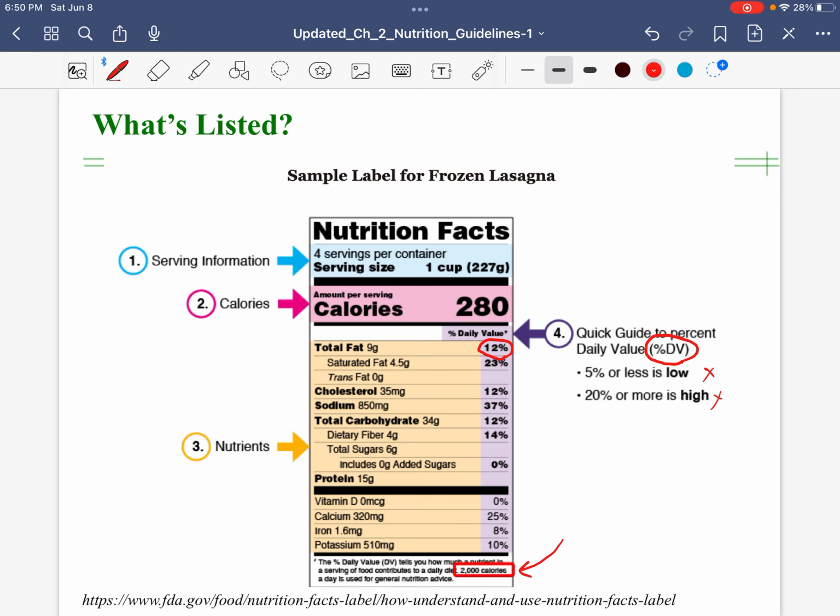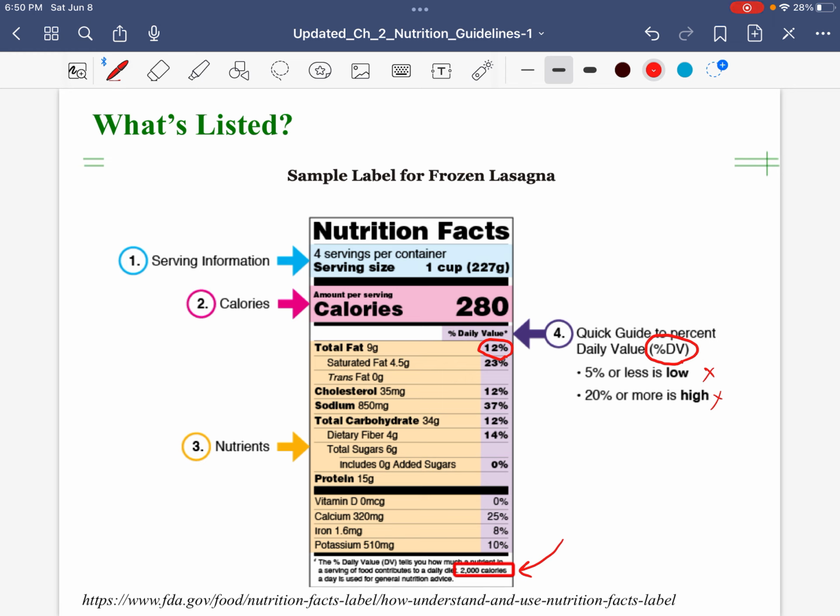What if you were on a 4,000 calorie diet? This would only satisfy 6%. They picked based on a 2,000 calorie diet because that tends to be close to the average. But especially as younger people, for many of you, your recommended calorie intake per day is higher than 2,000 calories. So please keep that in mind.